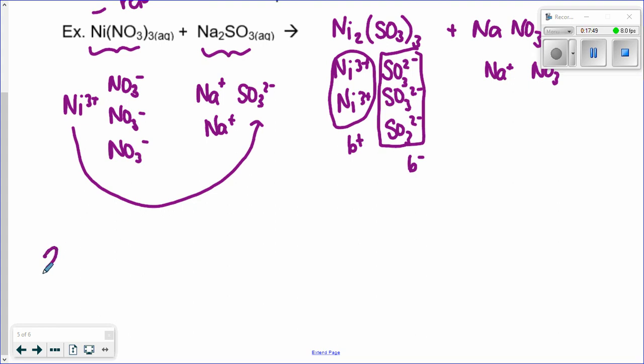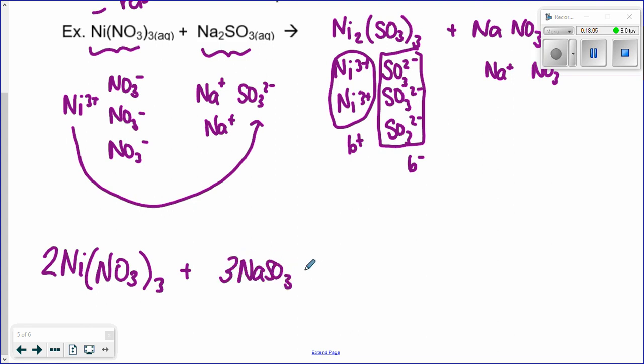So it will balance with 2 Ni(NO3)3 plus 3 Na2SO3 produces 1 Ni2(SO3)3 and 6 NaNO3.